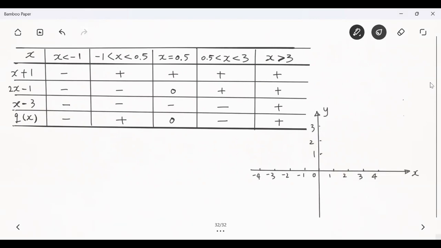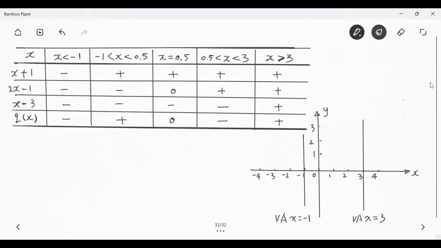At first, the VAs at x equals negative 1 and x equals 3.